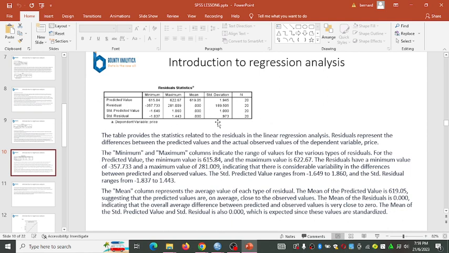These are general descriptive statistics, and this table, the residual statistics table, provides the statistics that are related to the residual in the linear regression analysis, and the residual itself represents the differences between the predicted values and the actual observed values of the dependent variable. So unaweza go through this at your own time.